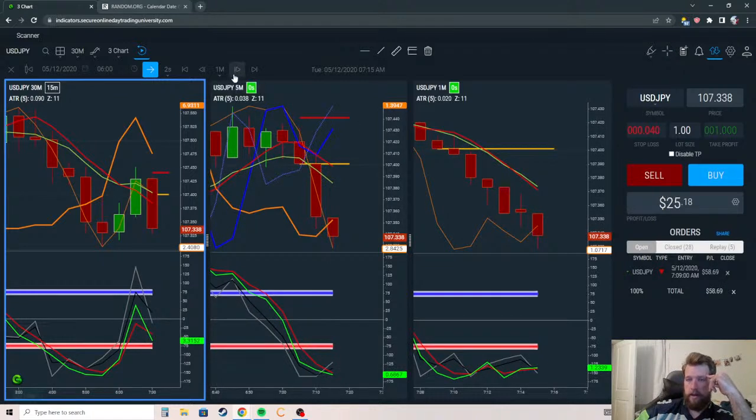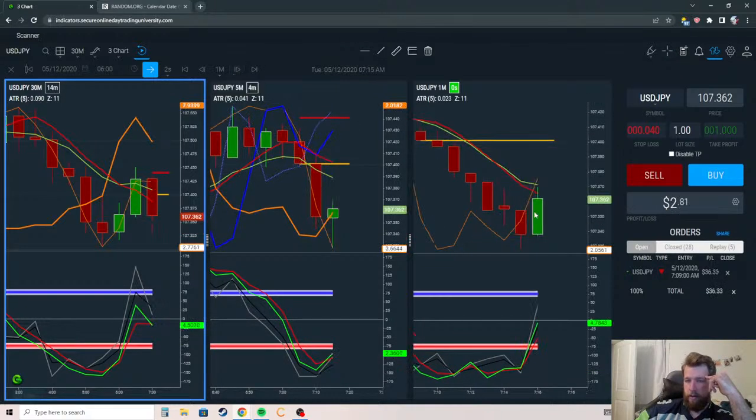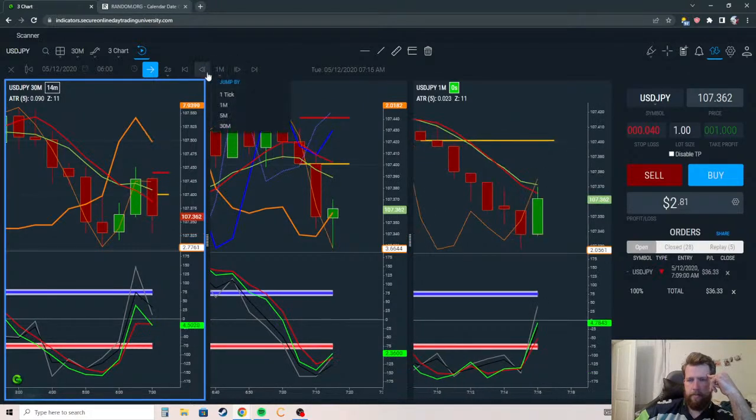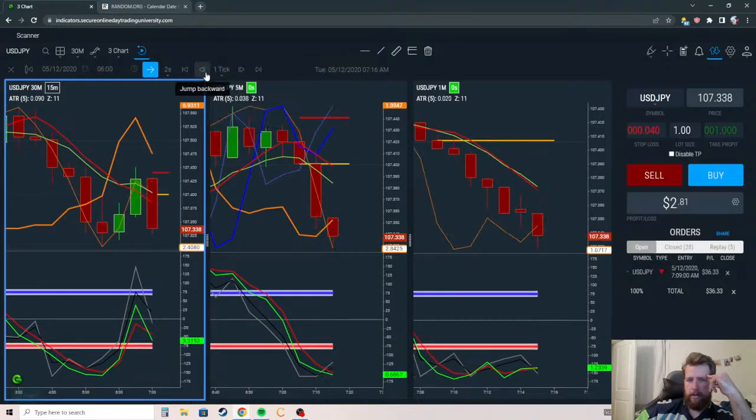Okay, same thing. All right, so let's go back and close the trade out right there. Oh, nope, I just want to go one tick, it won't let me go one tick at a time. I go backwards.